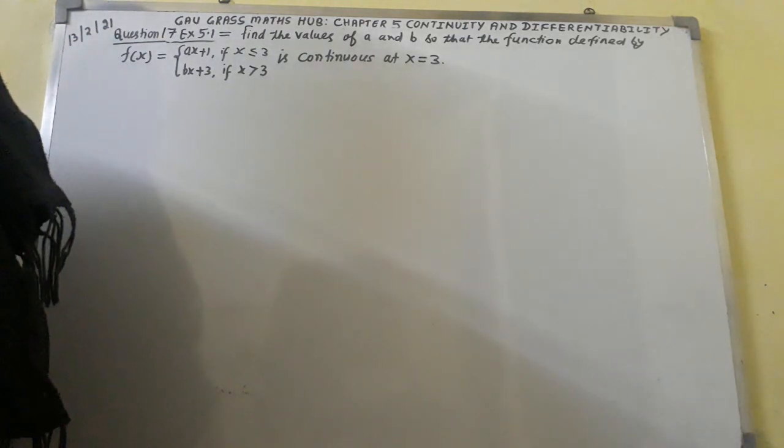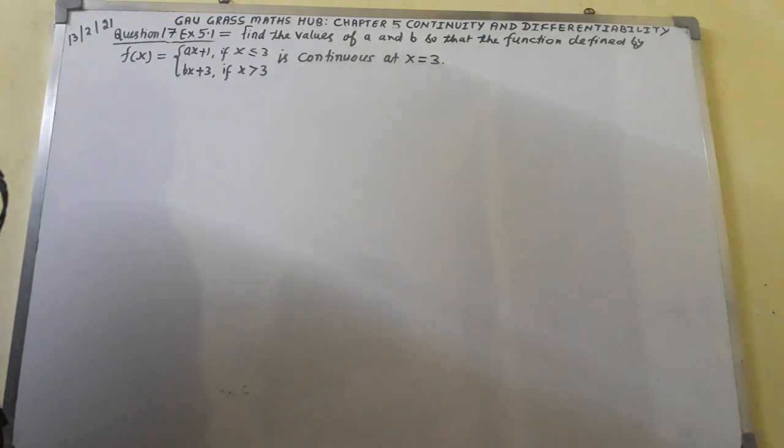I am going to discuss question number 17 from exercise 5.1, chapter 5, continuity and differentiability.